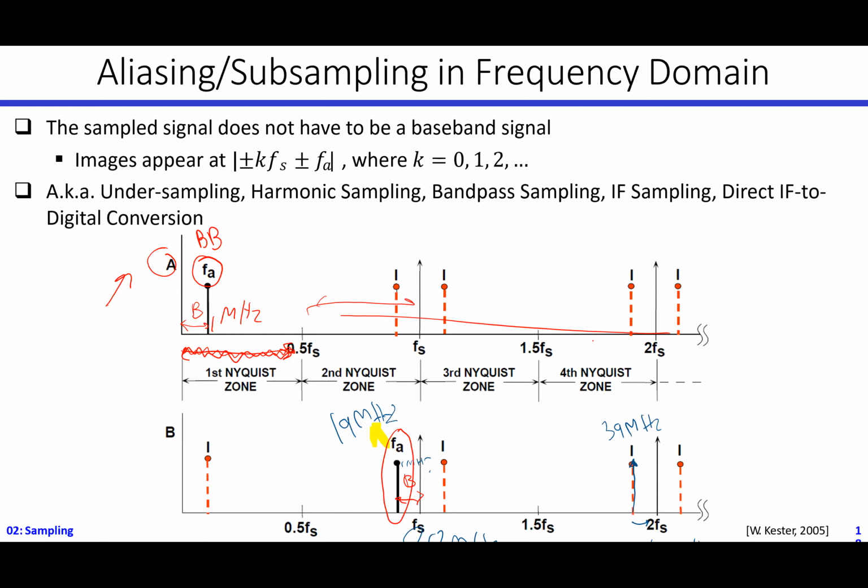If it was in the second, third, or fourth zone, you will do a sub-sampling process, but you need to be aware that you are doing it and that you are doing it for a certain purpose. Is that clear?